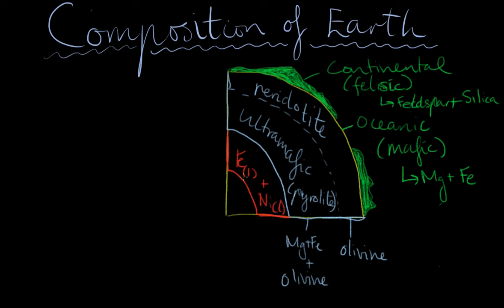And the reason why they're liquid is because the pressure and temperatures are so high down here that the metals exist as a liquid. Pressure isn't so high that the molecules have nowhere to vibrate, but it's just low enough so that they are able to turn into their liquid states.